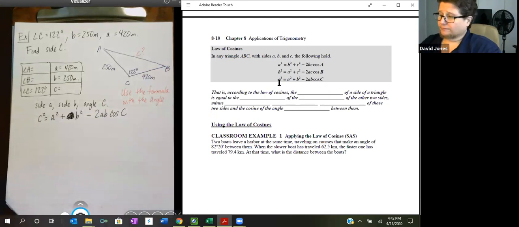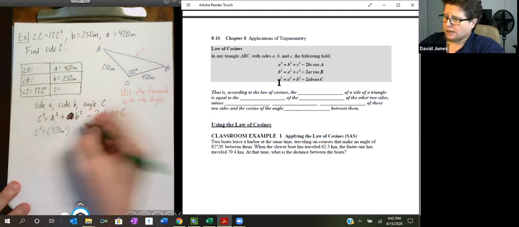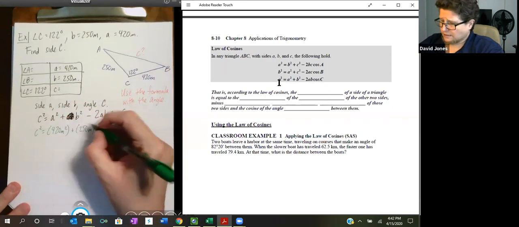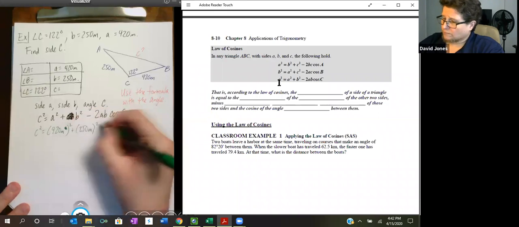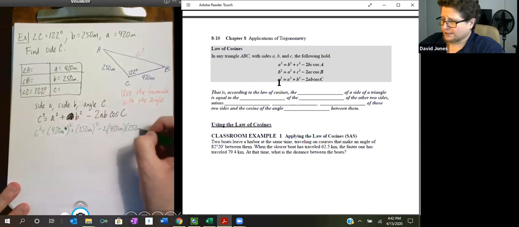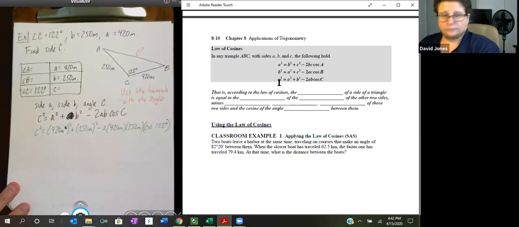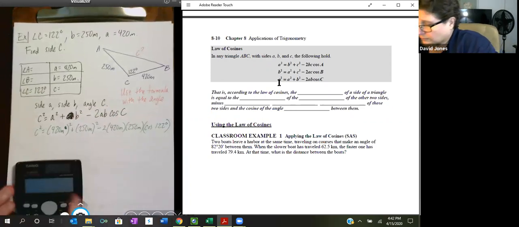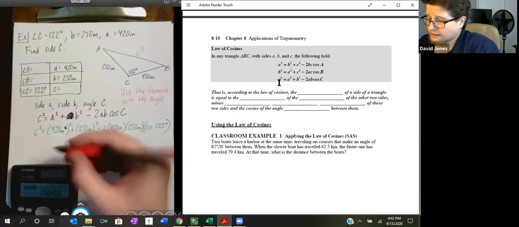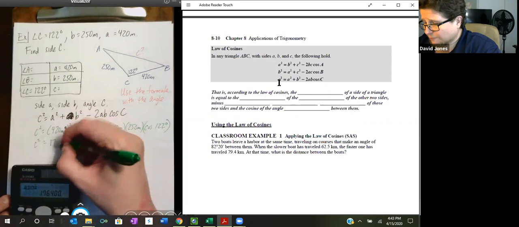Plug in what we got. 420 meters squared plus 250 meters squared minus 2 times 420 meters times 250 meters times cosine of 122 degrees. 420 squared is 176,400.